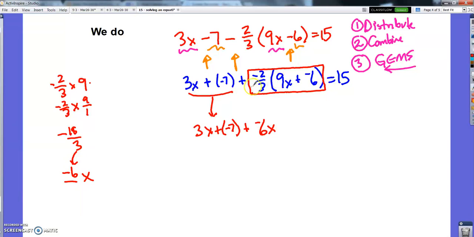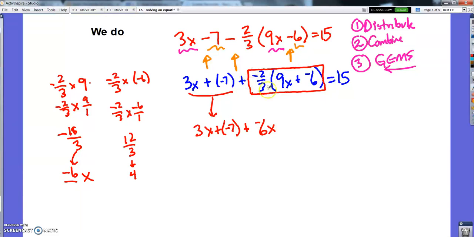And then I've got negative 2/3 times the negative 6 also. So negative 2/3 times negative 6. So I'm going to end up with a positive number there. It's going to be negative 2/3 times negative 6 wholes, which is positive 12/3, which is 4.